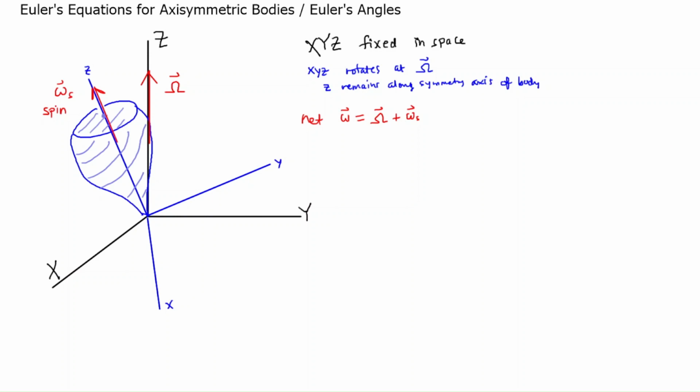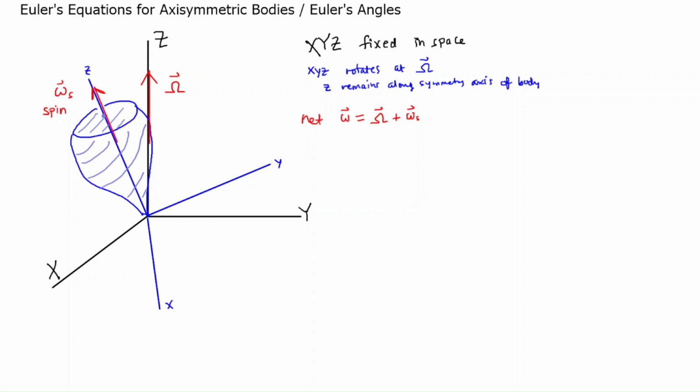So the net angular velocity, lowercase omega, is the sum of these 2 angular velocities having to do with this body. Now the thing that's different here than maybe we've seen before is that we can permit the lowercase xy axes not to be fixed with respect to the body.